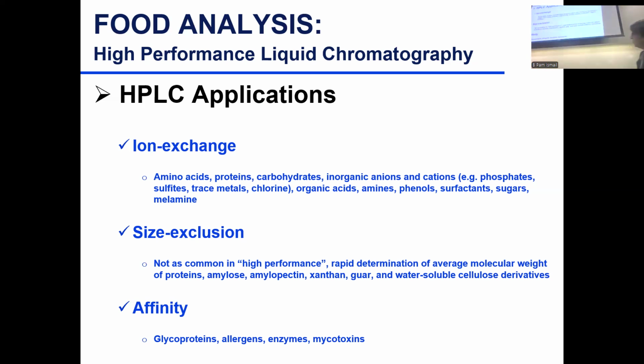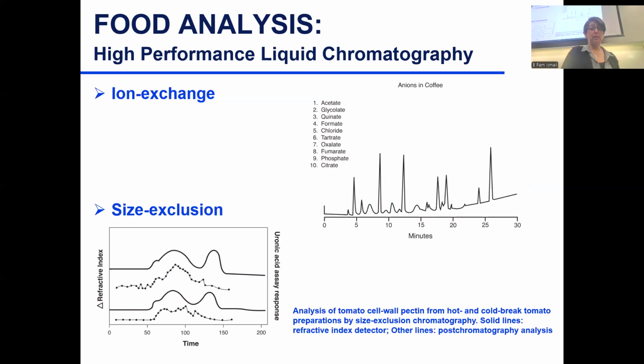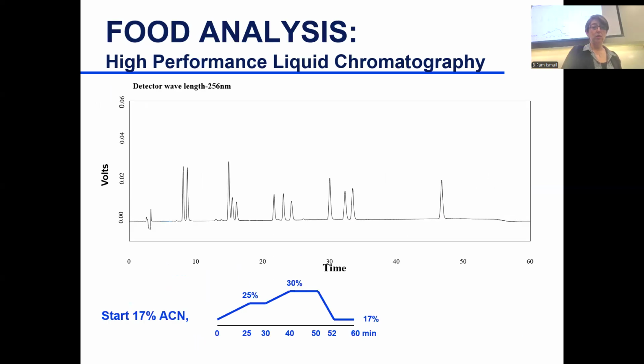Affinity, it's very specific chromatography, specific interactions, mostly used for glycoproteins, allergens, enzymes, mycotoxins, antibodies, things like that. These are just examples. And now, in the last 10 minutes, I want to do this exercise with you.